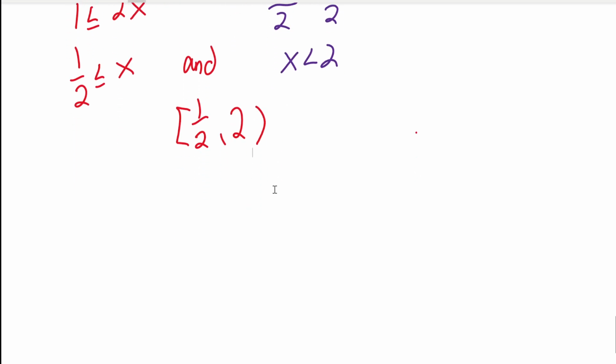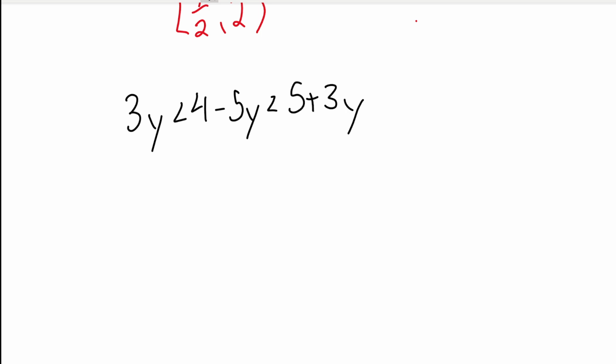All right, so let's do one more example here. Let's say that we have 3y less than 4 minus 5y is less than 5 plus 3y. Okay, and we'll break this up into two separate inequalities.